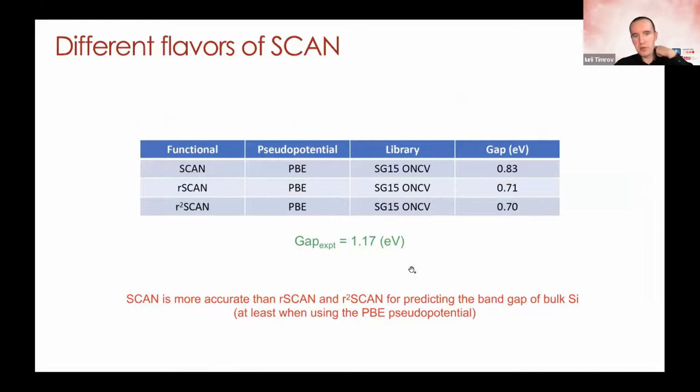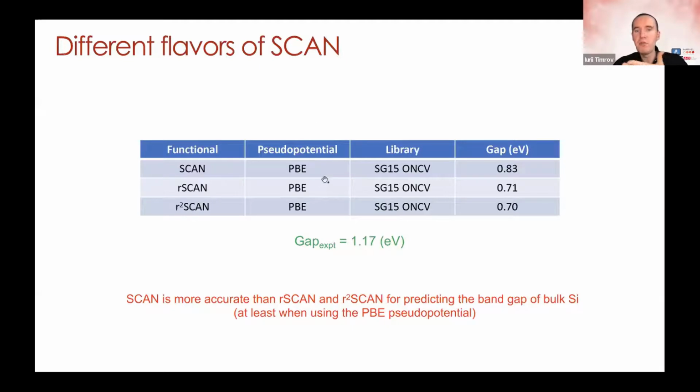Here I would also like to compare the performance of three flavors of SCAN: SCAN, rSCAN, and r2SCAN. I used the PBE pseudopotential because even though we have a SCAN pseudopotential, we don't have an rSCAN pseudopotential or an r2SCAN pseudopotential.